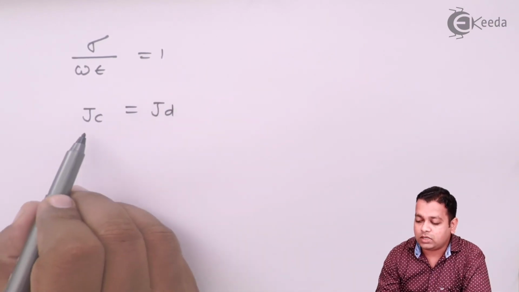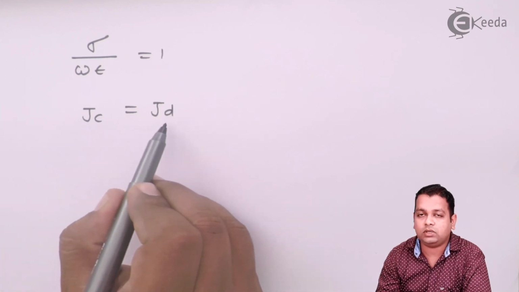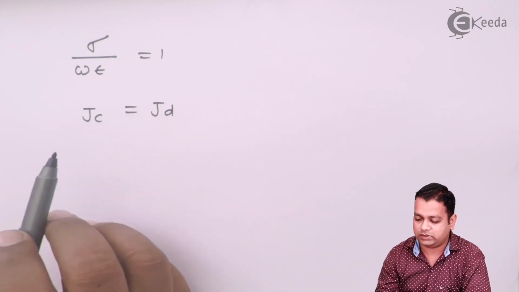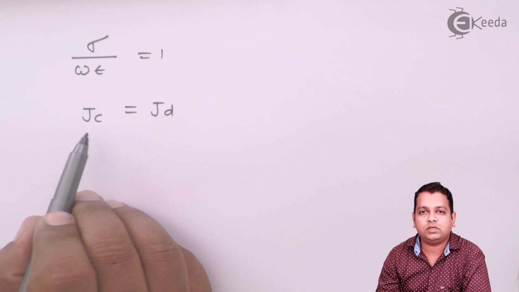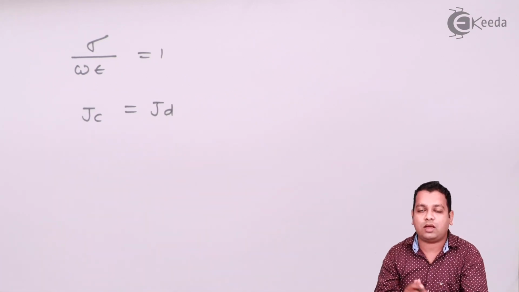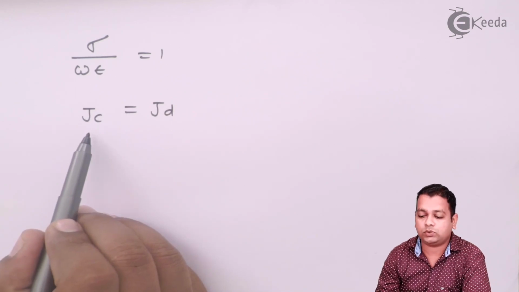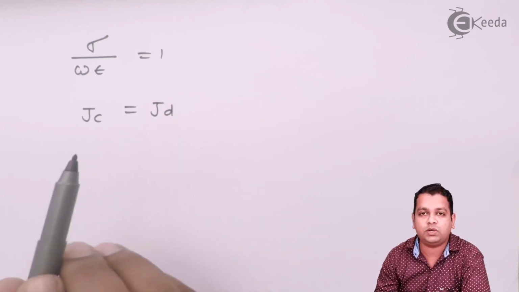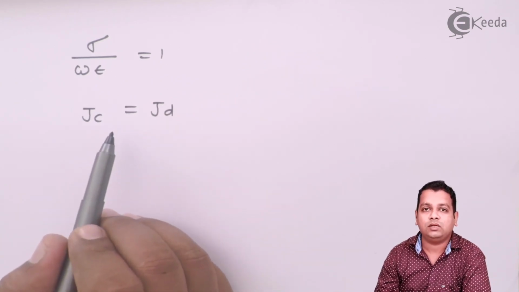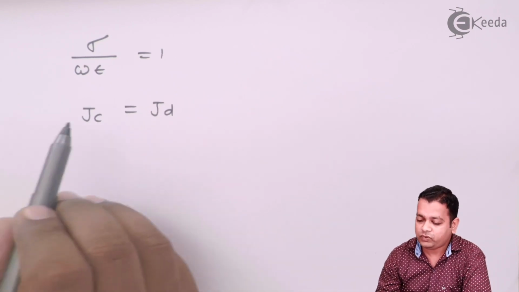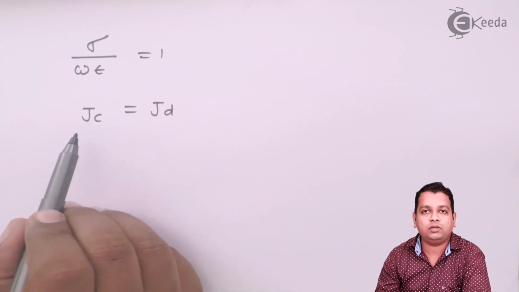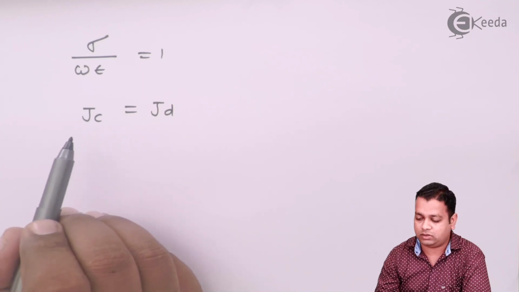It means the conduction current density is equal to the displacement current density. Now the differentiation we can make into conductors and dielectrics. When the conduction current density holds more value than the displacement current density, we can say the conductivity is more. Therefore the material under consideration is a conductor.